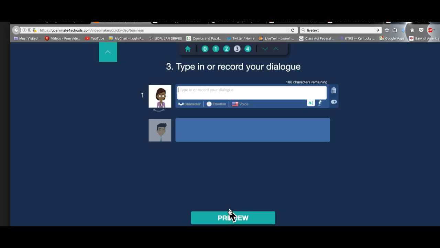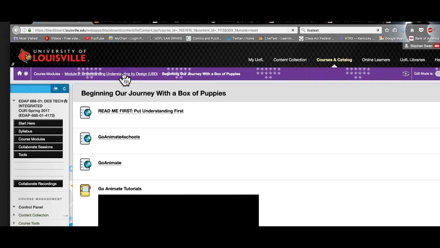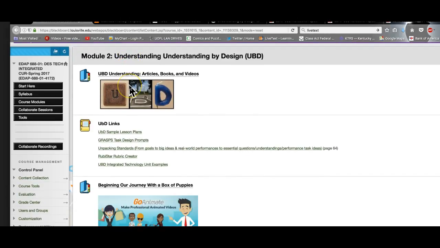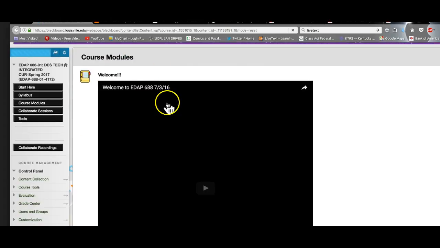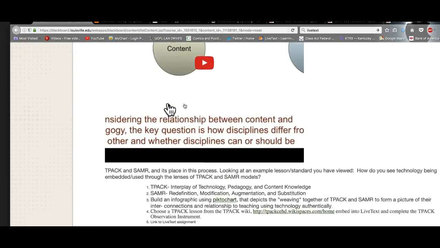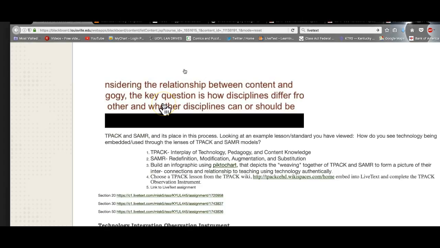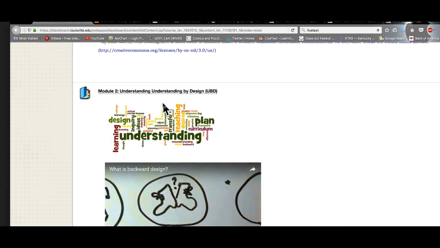So what you're being asked to do here, let's go back. You're being asked to create a GoAnimate that is a demonstration of your understandings of the different roles that teachers have.